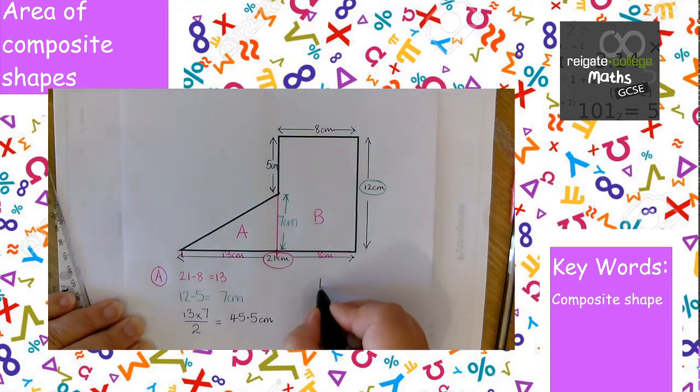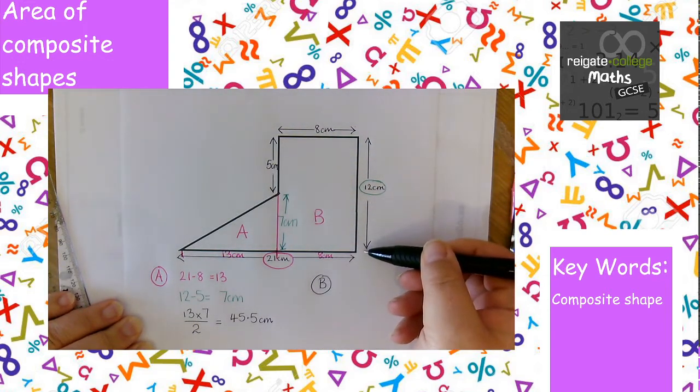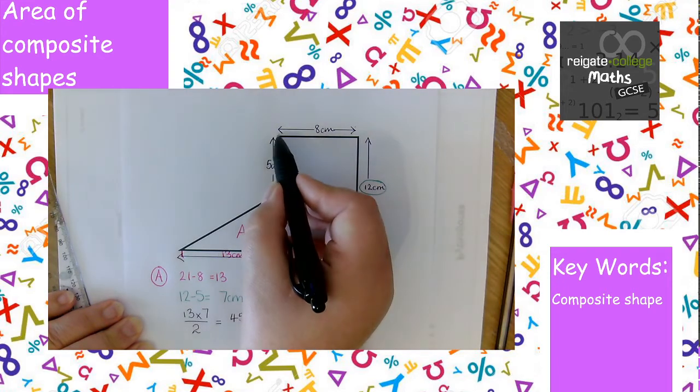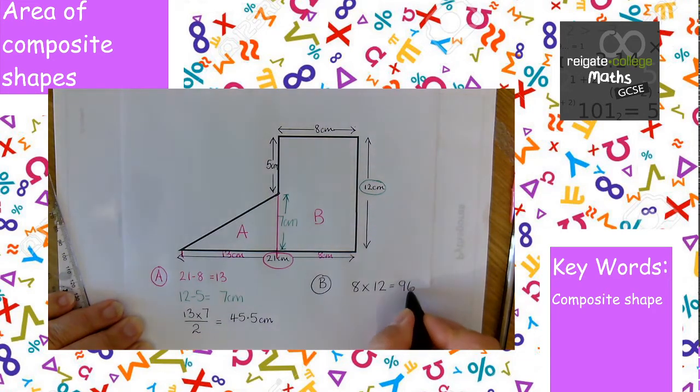Now for B, and B is more straightforward because I already have marked up the height of shape B and the width. So calculating the area of my simple rectangle means I just multiply 8 by 12, which gives me a total measurement of 96. So shape B is 96 centimetres.